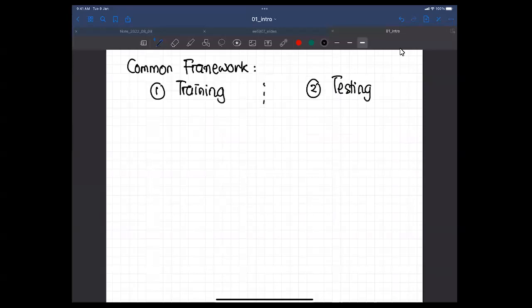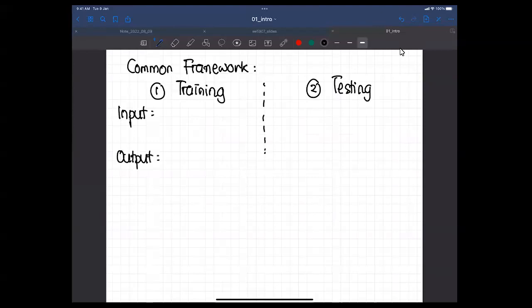To understand the framework, it's better to understand the input and the output first.